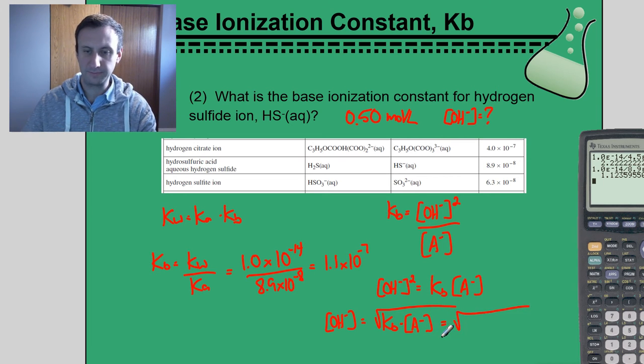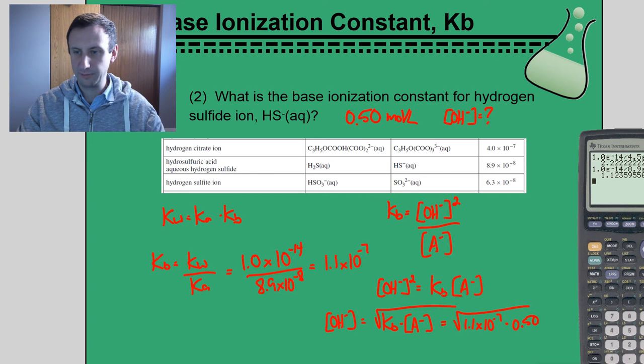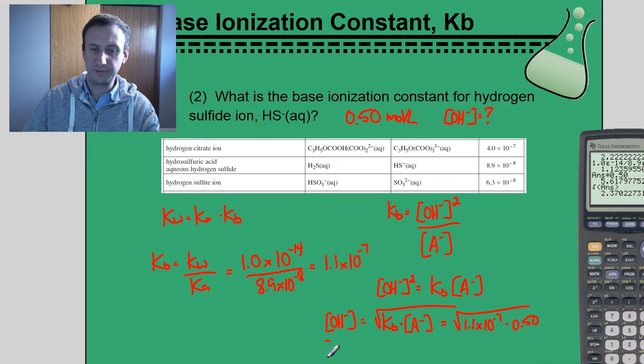So I have 1.1 times 10 to the negative 7 multiplied by 0.50, the concentration I made up on the fly, and take the square root. I end up with hydroxide concentration, OH minus, equal to 2.4 times 10 to the negative 4 moles per liter.